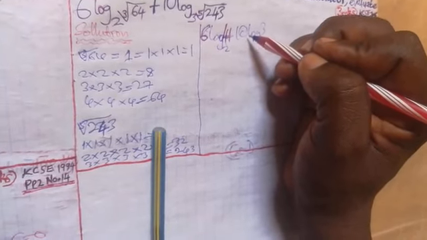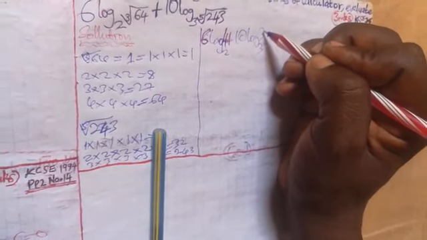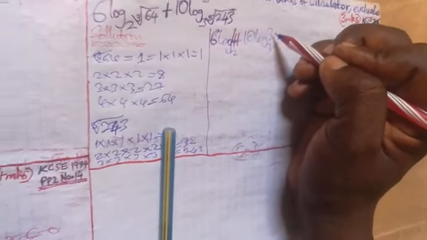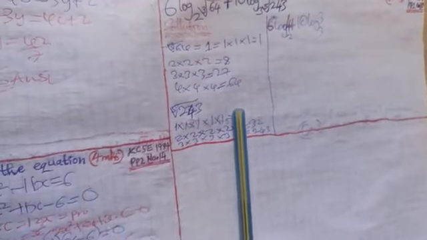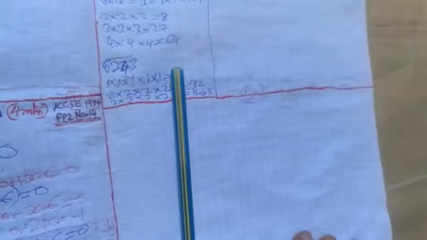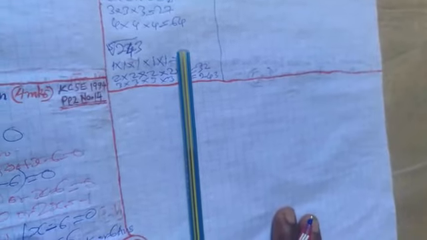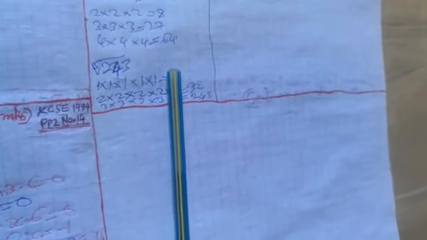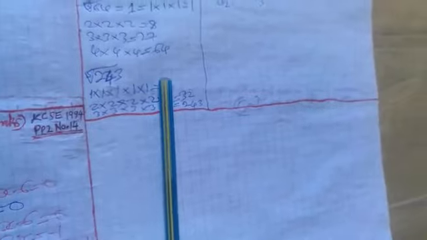Now, since the bases are different, we find the logs of each log independently first, then we multiply with the whole numbers.